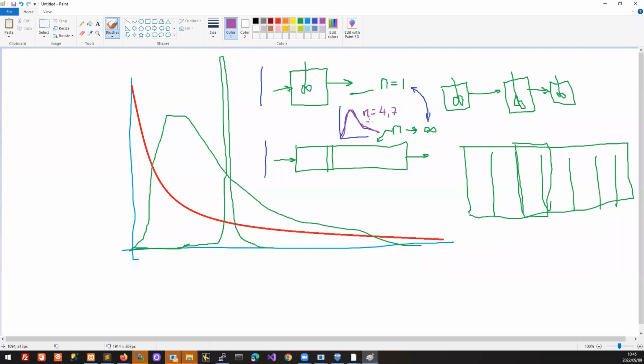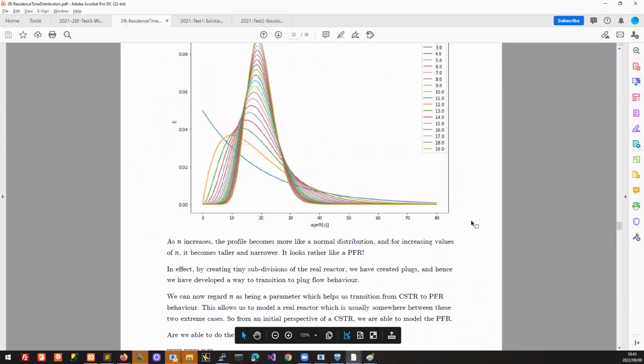But the point is, we can find a number of ideal tanks in series that's equivalent to our real world mixing. So in the real world, we never achieve perfect mixing, nor do we achieve perfect plugs. So we have now a number that can tell us how much we are like one or the other. So that's your tanks in series model.